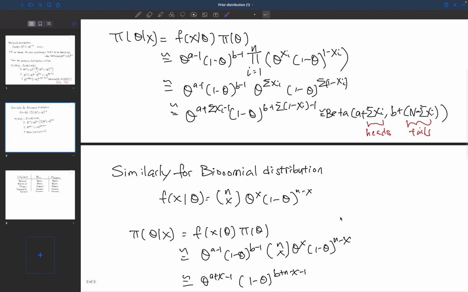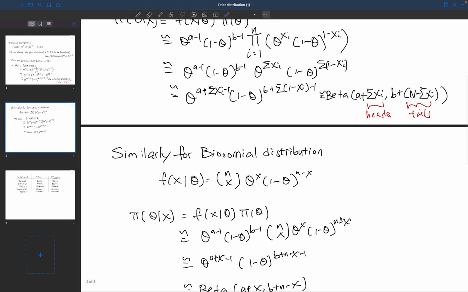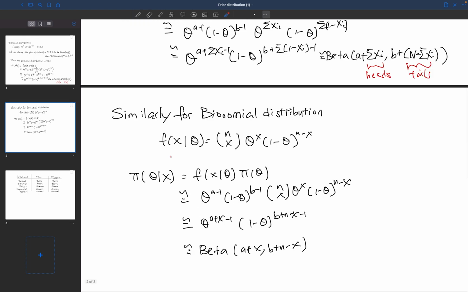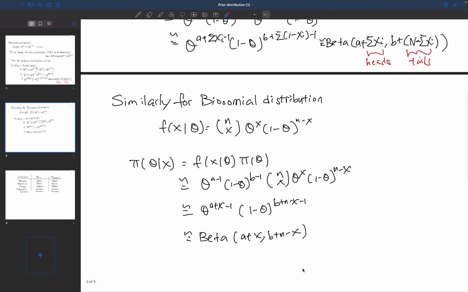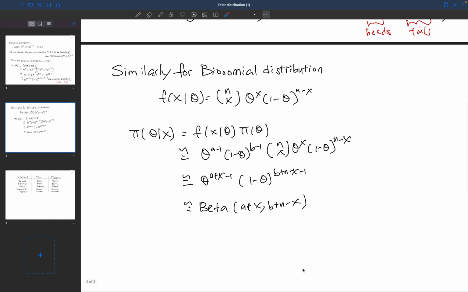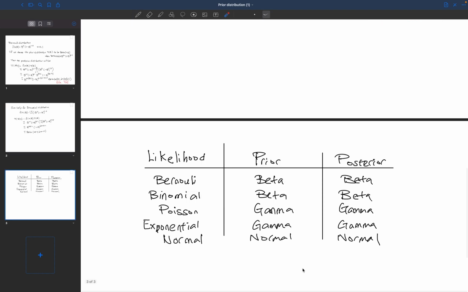Similarly, for the binomial distribution, we can show that the conjugate prior is also a beta distribution. This table summarizes the conjugate priors for various distributions.